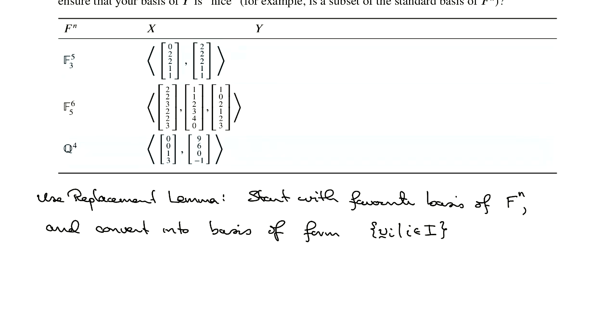Let's say that was our basis of X. Union some e_j's such that j is everything not in I.